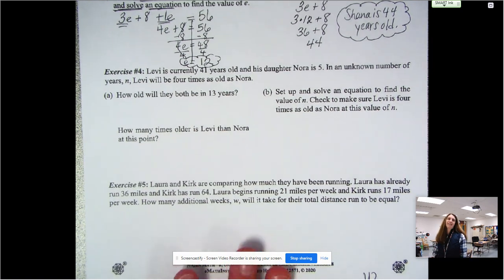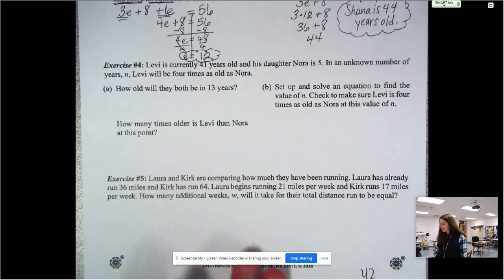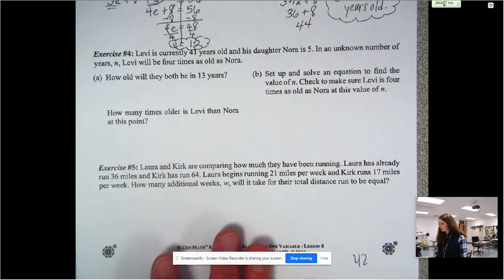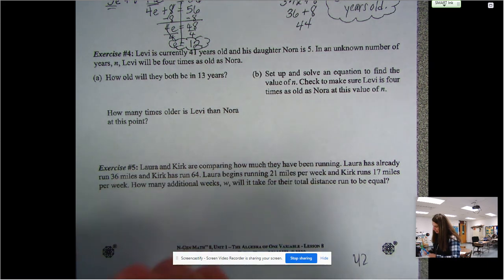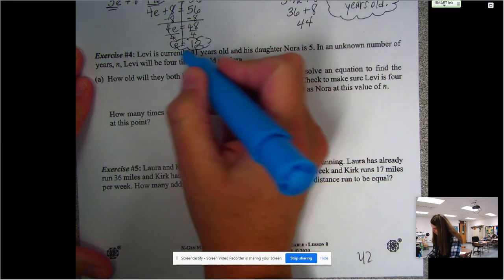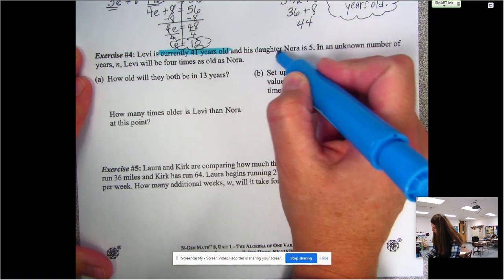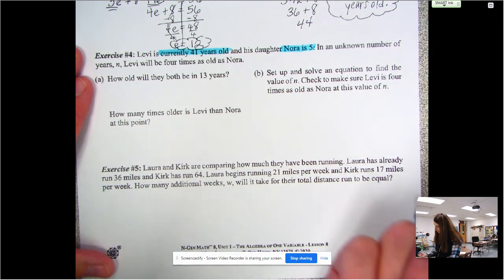Levi, sorry, going with Evie. Levi is currently 41 years old and his daughter Nora is 5. In an unknown number of years, N, Levi will be 4 times as old as Nora. Whoa, let's slow down a minute. Let's start underlining and circling some stuff. I'm going to get out my blue highlighter here. So Levi is currently 41 years old and his daughter Nora is 5.